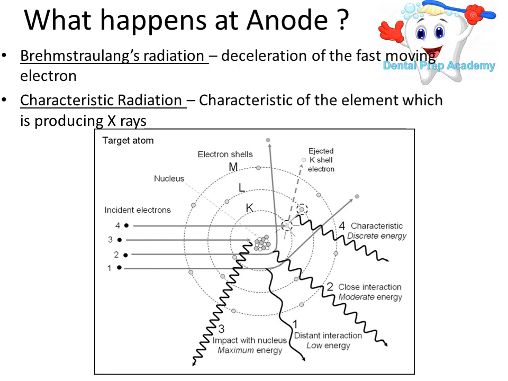The electron from the cathode ends up knocking off an electron from the target, and that electron is ejected.